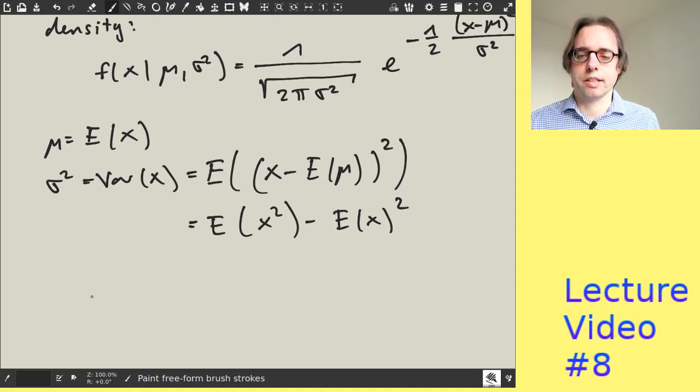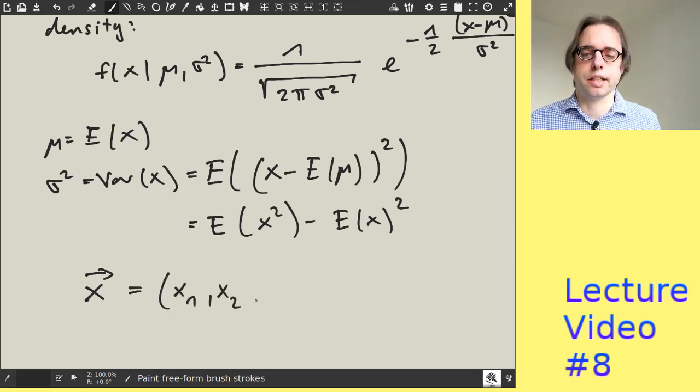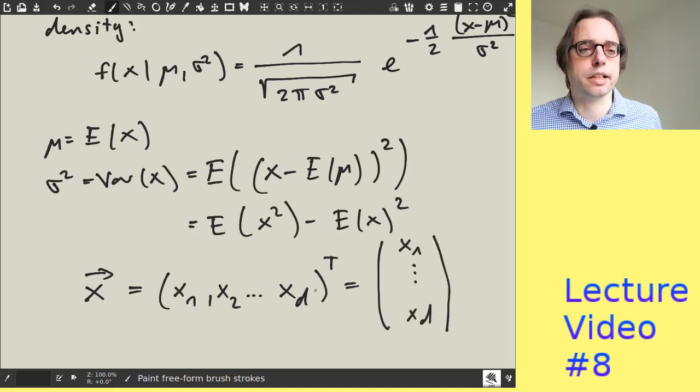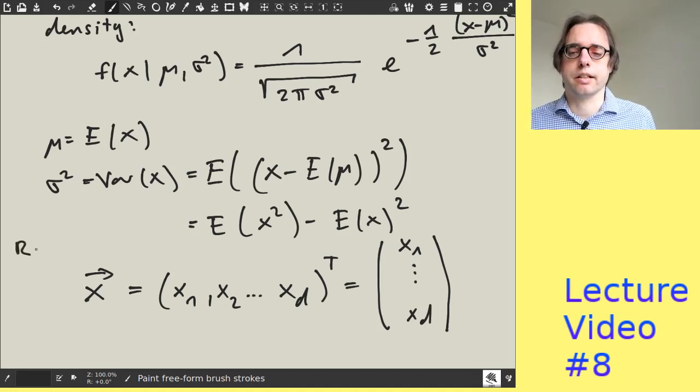So now x is a vector, and this has components x1, x2, up to xd, transposed. So that's your vector, and each component is a random variable, and the whole thing is a random vector.